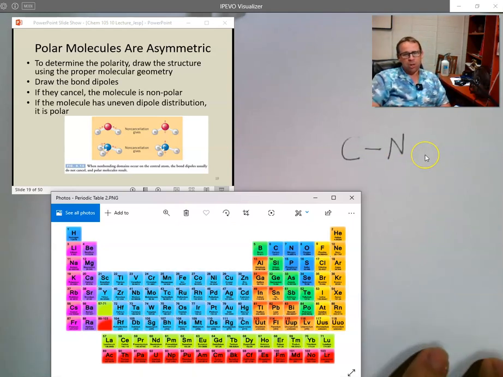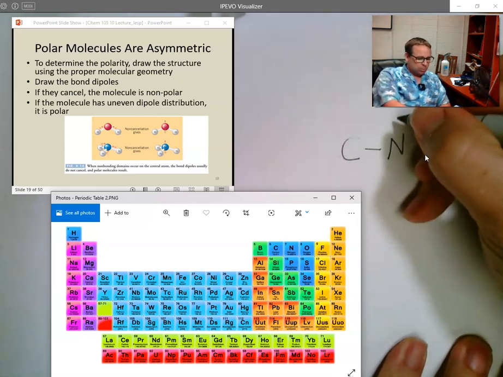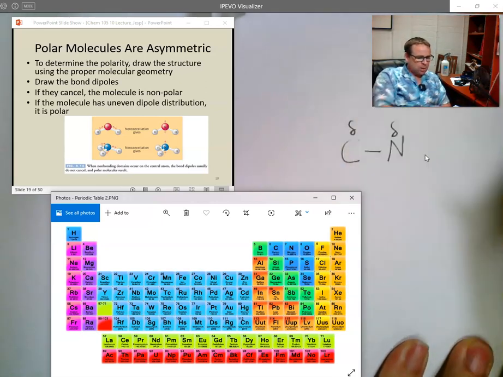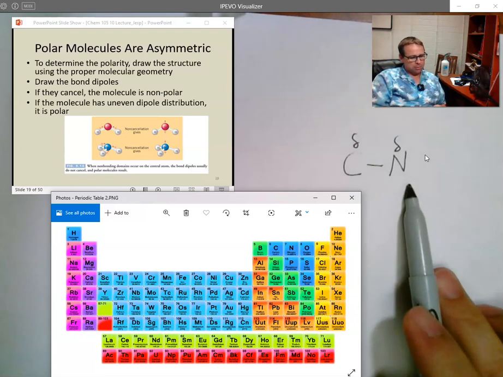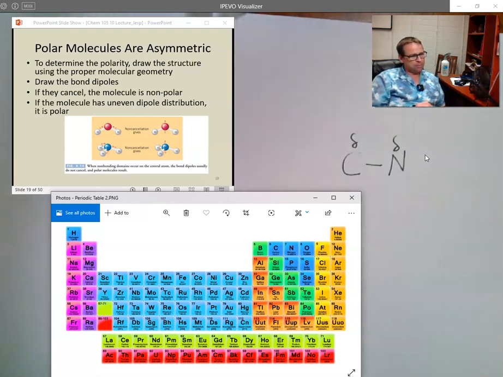That's right. It is polar. And where does our electron density want to end up on this bond? Towards the carbon or towards the nitrogen? Taewon, where do you think? Where does the electron density want to end up?